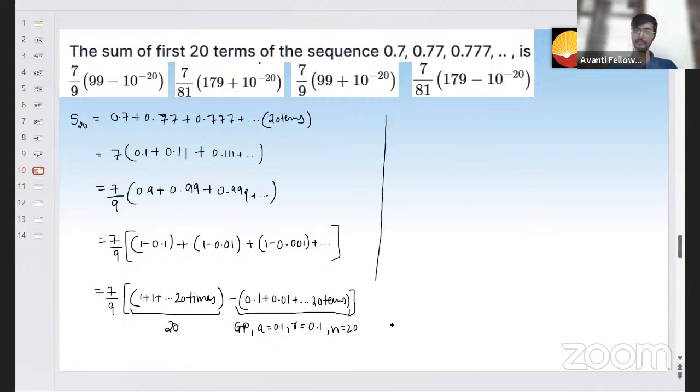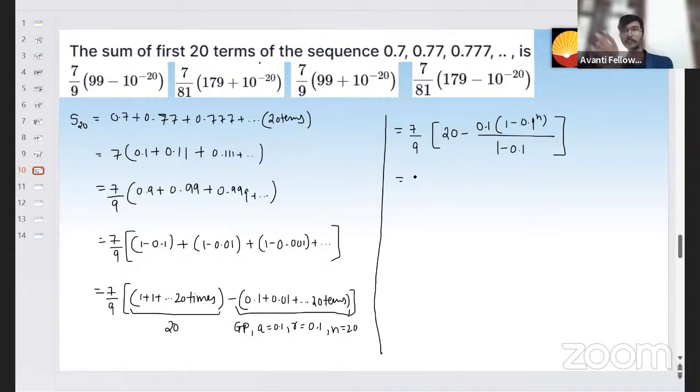So what I can write here is 7 upon 9 into 20 minus A into 1 minus R raised to the power N upon 1 minus R. So we have the options also here.